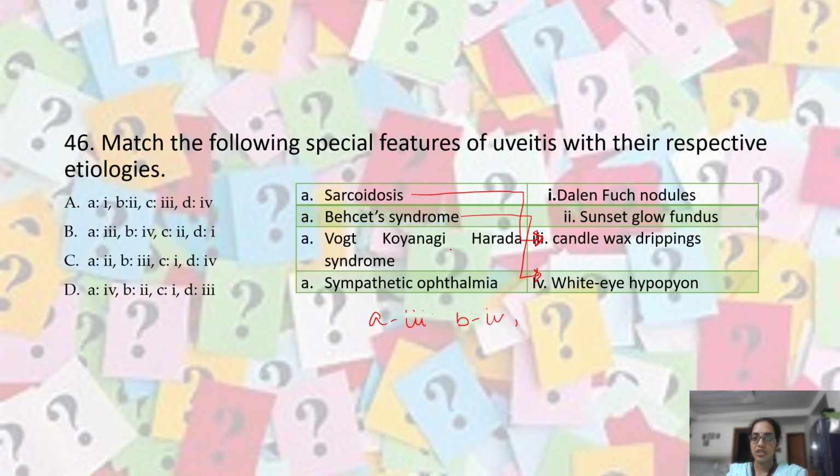And with Vogt-Koyanagi-Harada syndrome, we have something known as the sunset glow fundus, which is a deep pigmented fundus seen in long-standing uveitis. And sympathetic ophthalmia, we get some small granulomata at the level of choroid, which are referred to as Dalen-Fuchs nodules. So D is 1. So the right answer here is B.